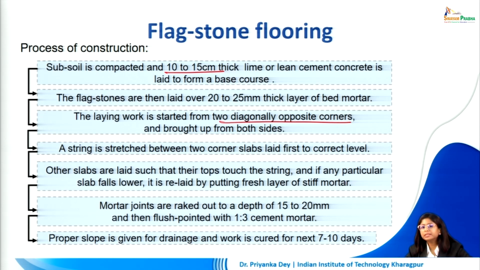Now, the mortar joints are raked out to a depth of 15 to 20 mm, and then flush pointing is done with 1:3 cement mortar. Now, the term pointing will be discussed further in detail in a subsequent module, where we are going to talk about the finishing of the building.